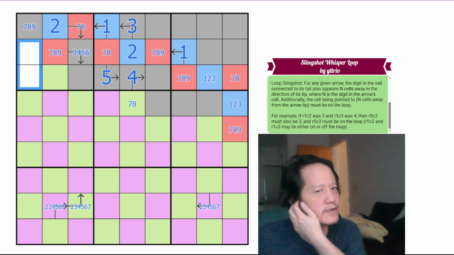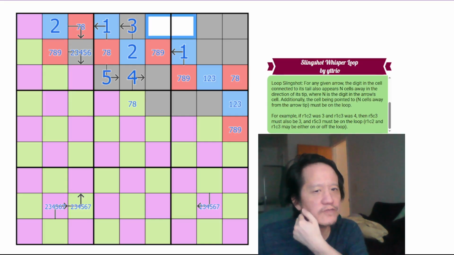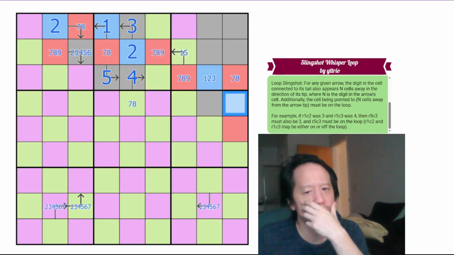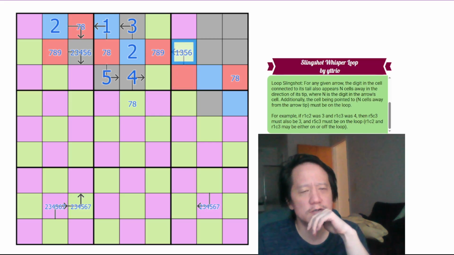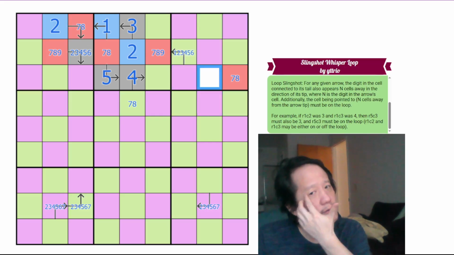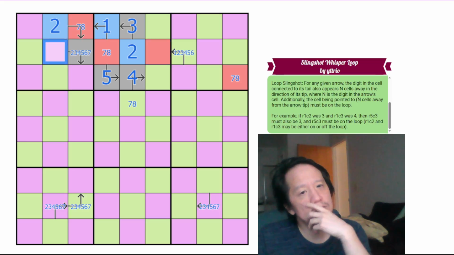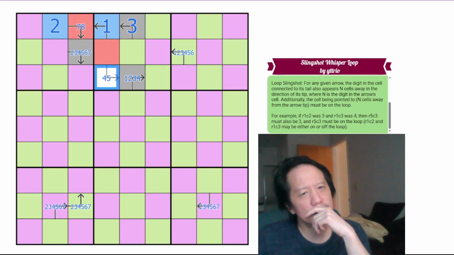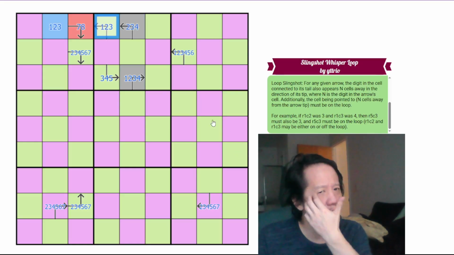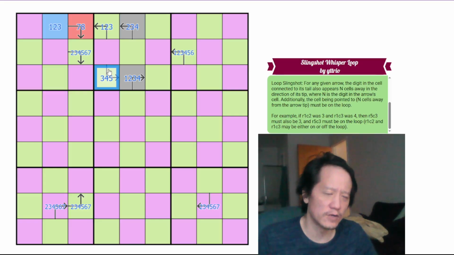Let's go down a different path then. Try to find another contradiction. What happens if this is not 5?